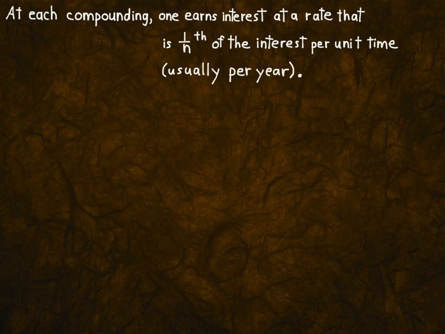So if the time is in years, then at each compounding, if you compound n times per year, each time you only get 1/nth of your interest. So say it's 5% annual interest, and you compound 12 times a year, then each time you only get 1/12 of that 5%. So you get 5% divided by 12.